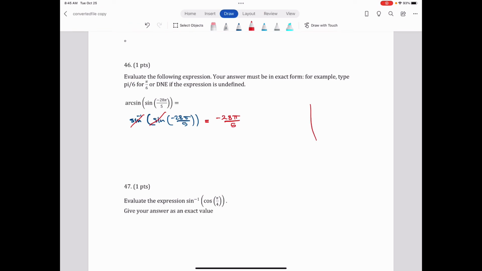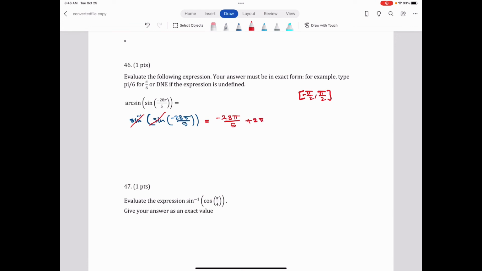But remember that the range for the inverse sine is between negative pi over 2 and pi over 2. This doesn't happen to be in that range, so to make it go to that range, I'm going to keep adding one full cycle.